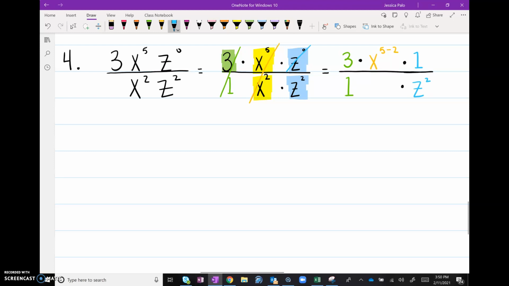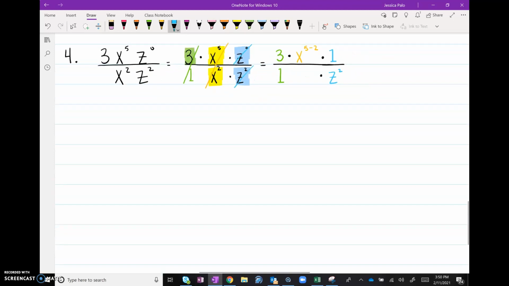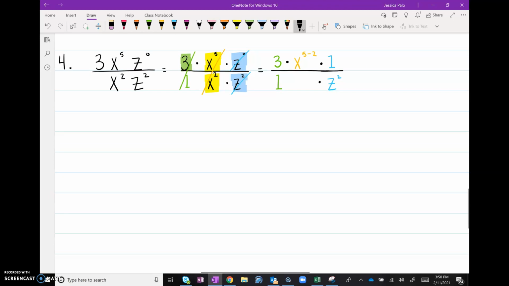Now my 1 and my z, they don't do anything. They can't combine. I can't simplify them. That 1 is a 1. So now I've dealt with all parts of this problem. So now it's time to simplify. 3 over 1, that's 3. X to the 5 minus 2, that's x to the 3rd times 1.